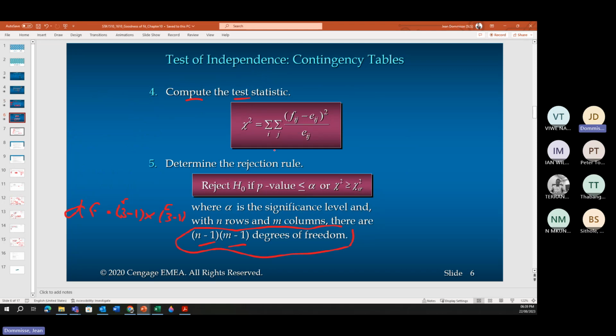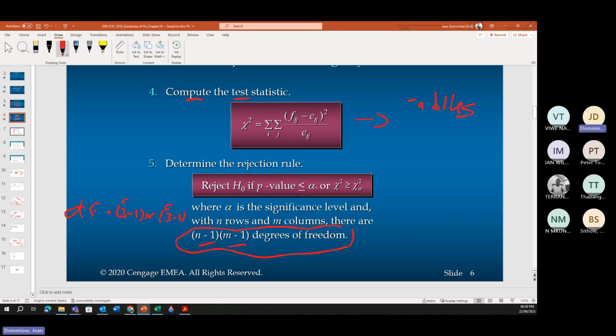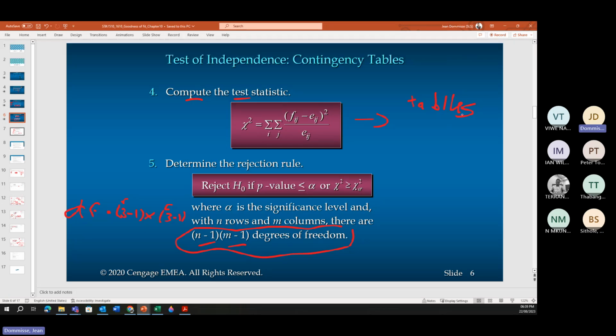And then your last two things: you will compute the t-stat, and you will look at your tables to get a critical value, so that you can compare your t-stat with your critical value to determine if you will reject or accept the null hypothesis.